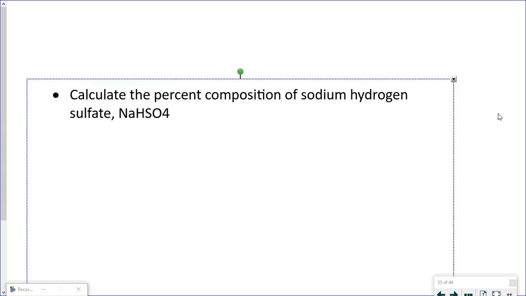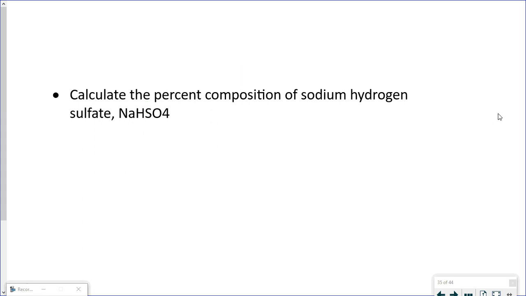Alright, so to calculate this, we first need to find our molar mass. So set that up as we have done before. So sodium, there's only one of them, and it's 22.99. Add to that our hydrogen, there's only one of them, so that's the 1.008.